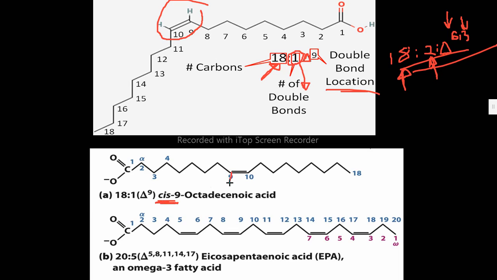Whereby if the H is on the same side and the other groups are also on the same side, that one becomes the cis isomer. But if one H is here and another H is here, and then this group continues from here, that one becomes the trans isomer.